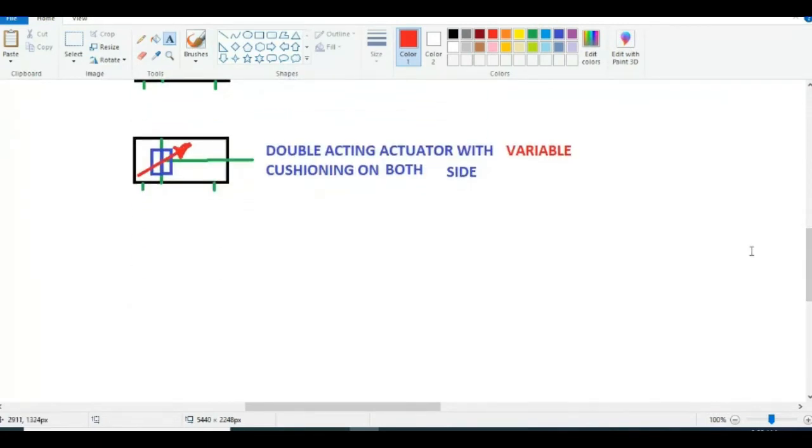Again, here we have one special case in the double acting cylinder. I will show you.